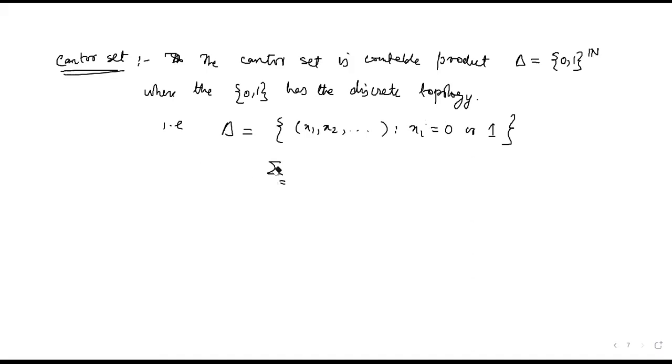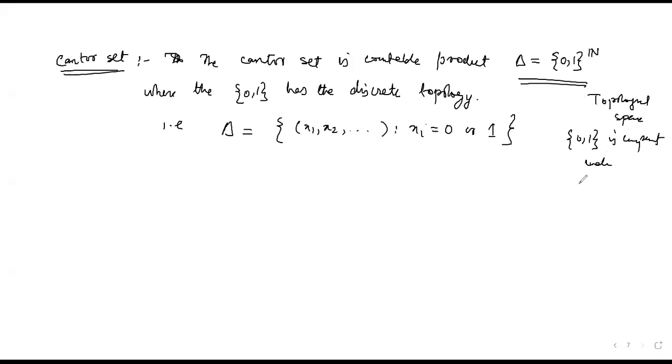First of all, this is a topological space, so their product is also a topological space. And of course {0, 1} is compact under the discrete topology.